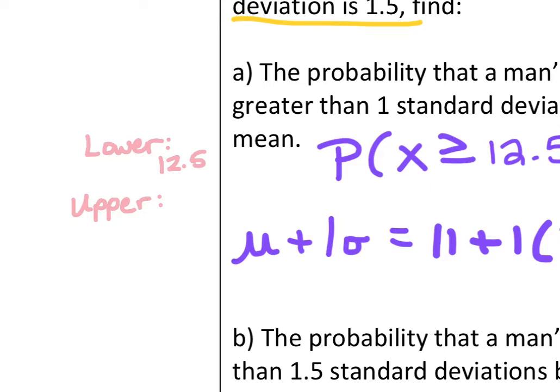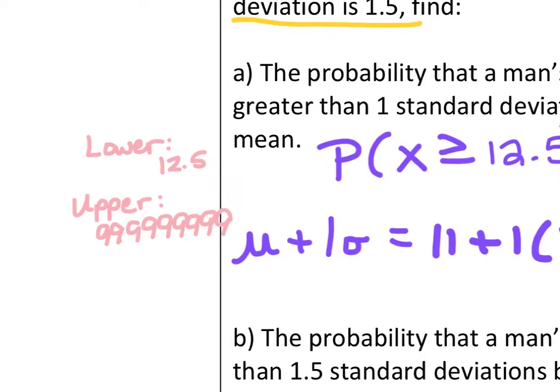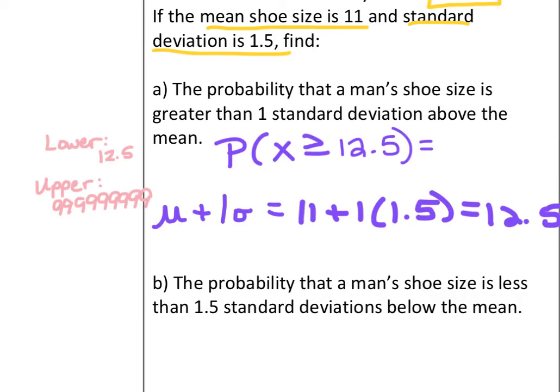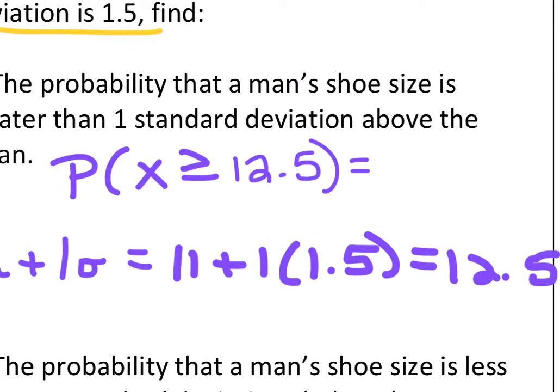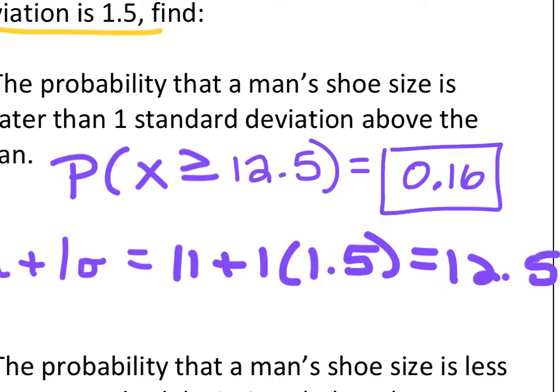And because your calculator doesn't have infinity, you just type a bunch of 9s. And the calculator gets tricked into thinking that that's infinity. And when you do that, you should get that the probability is 0.16 or 16%.